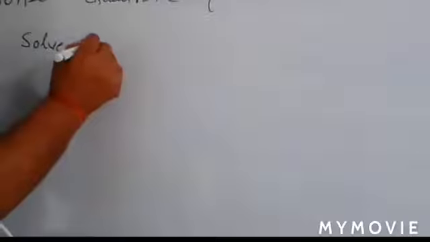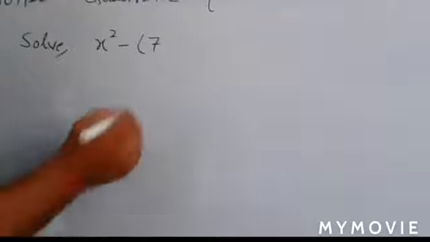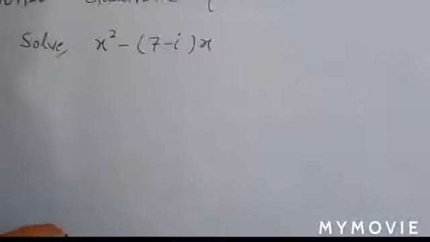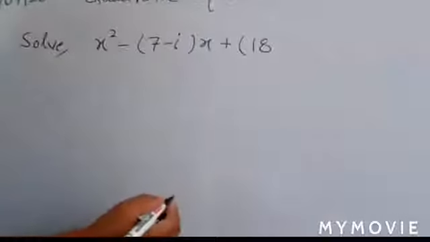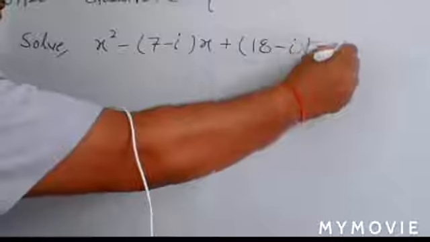x square minus 7 minus i into x plus 18 minus i is equal to 0.